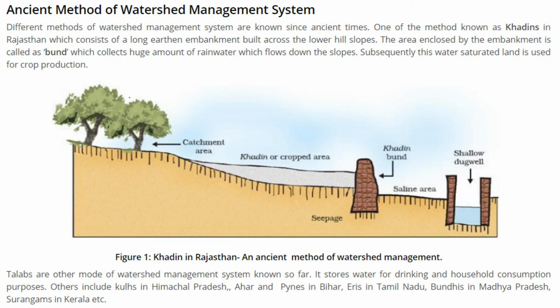There were ancient methods of watershed management systems. How? Because there is a cycle. Water in the river or sea, because of the sunlight, becomes steam, evaporates, becomes cloud, and falls onto the hills and all the places which we see.